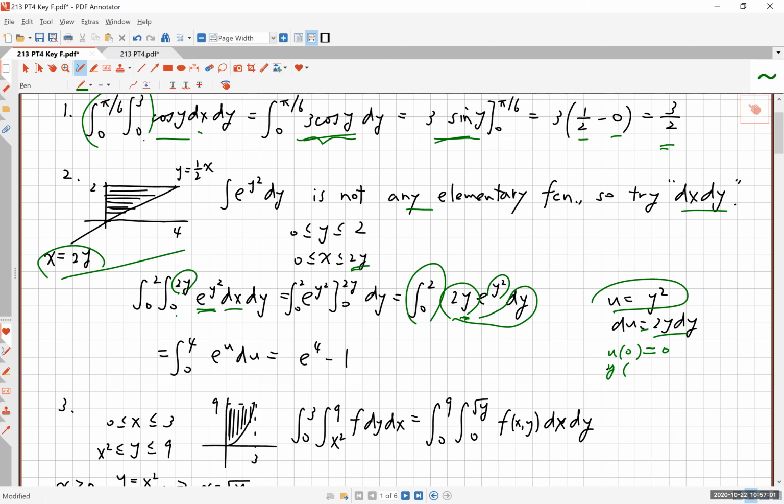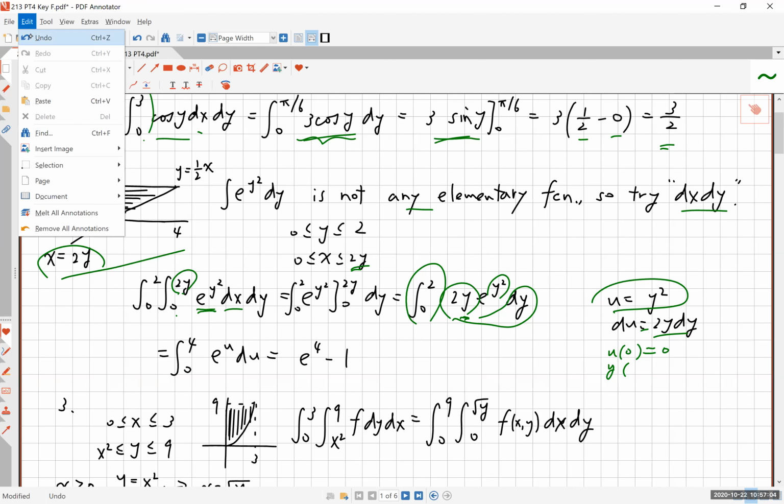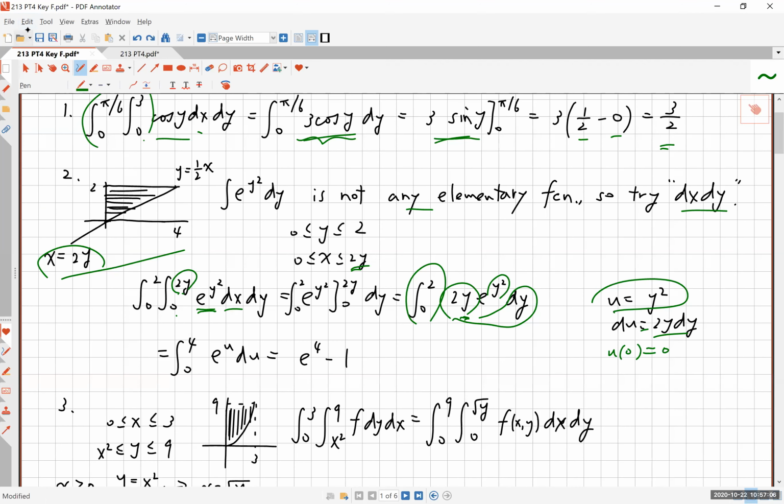When I made a mistake here. When y is 2, then u is y squared. So u should go from 0 to 4. Okay, and that's what I have here. So this whole thing becomes a very simple expression: the integral from 0 to 4 of e to the u du, which is e to the u, where you plug in 4 and 0. And so that's e to the 4th minus e to the 0th, which is e to the 4th minus 1.